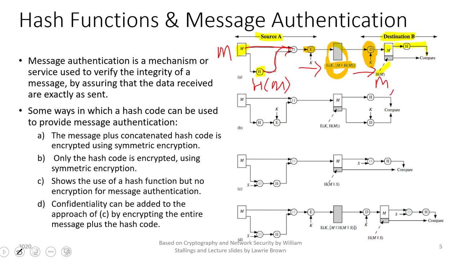At this point again we have M and hash of M received. Then we take the received M and generate another hash there, and we compare these two to see if the things were received as they were.